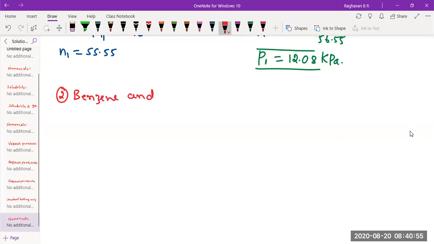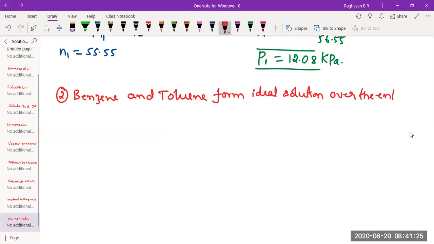Benzene and toluene form an ideal solution over the entire range of composition.